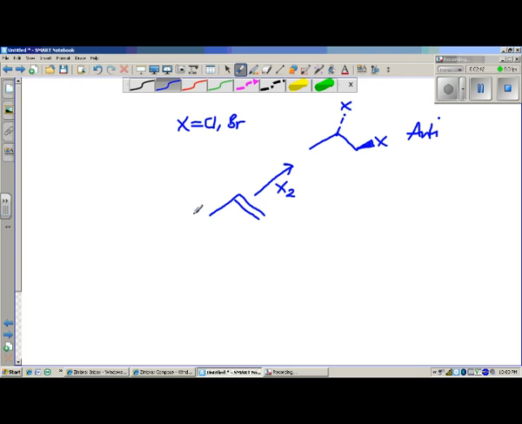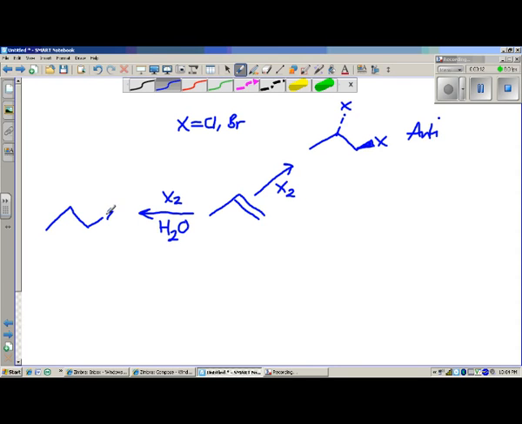One of the other things that you can do is a very similar reaction where you take your X2, again chlorine or bromine, and you add it to the alkene in the presence of water, and you get something called a halohydrin. You get anti-addition once again, but in this case you get addition of one equivalent of X and one equivalent of OH. So let's not worry so much about stereochemistry here.